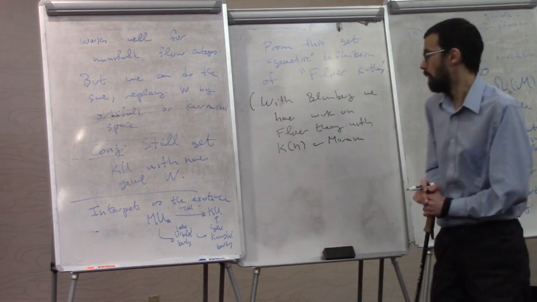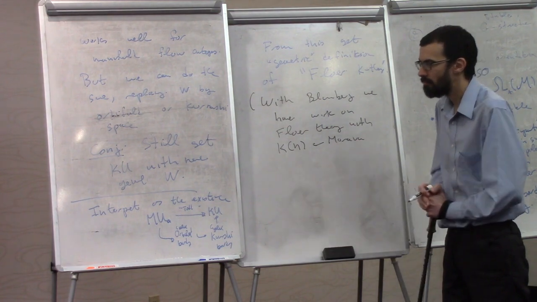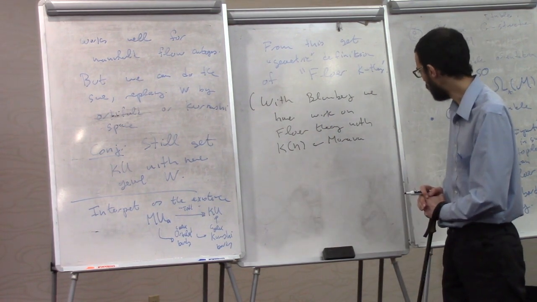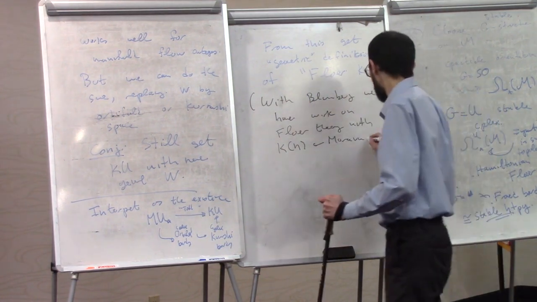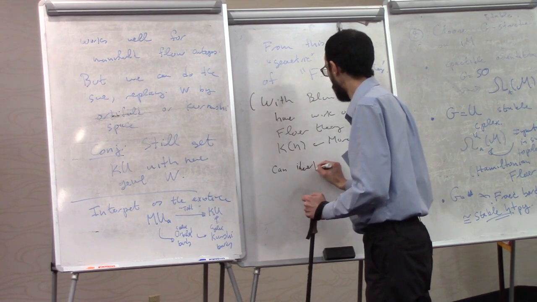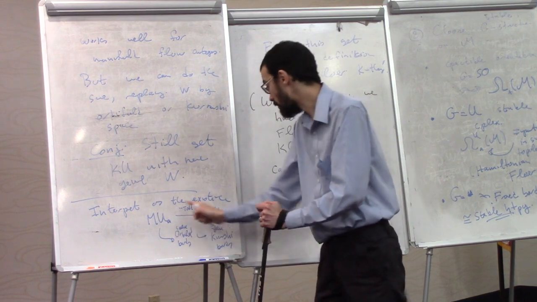And unfortunately, it is not going to be written in this language. It's going to be written in whatever language we wrote it in. But you can interpret that in this language. You can interpret it as exactly this thing. In fact, this is in some sense something we proved.